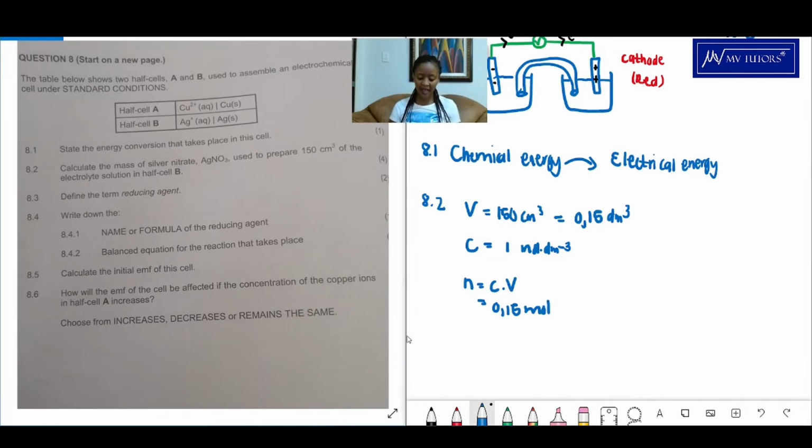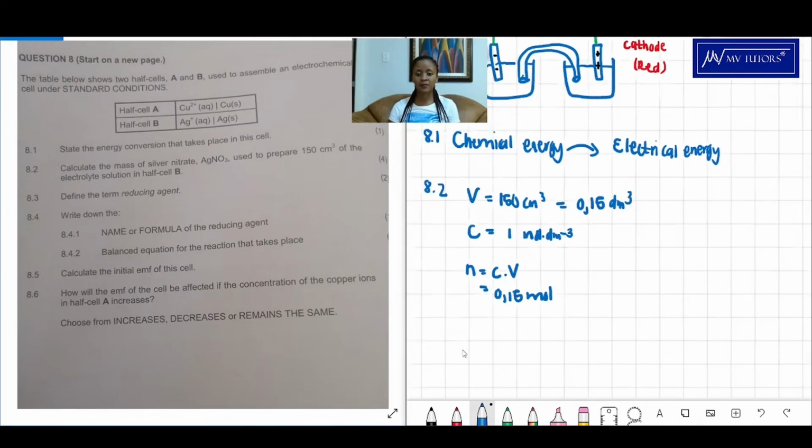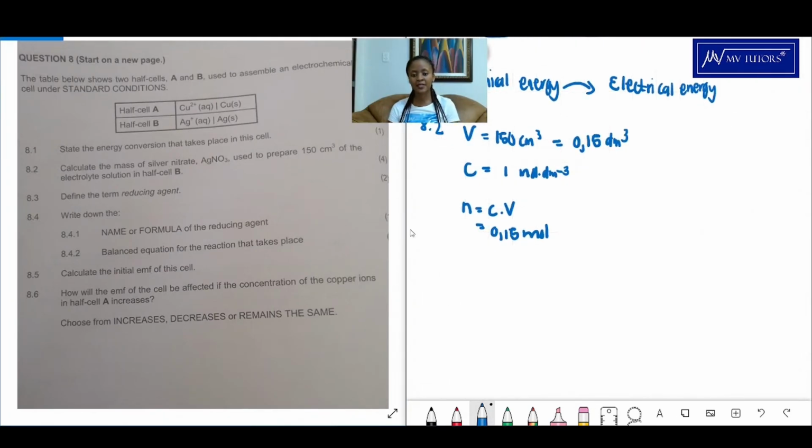Now once you have that, you need to determine the molar mass for silver nitrate. So we have silver, nitrogen, and 3 times oxygen. If you look at the periodic table, I just have the values with me at the moment.